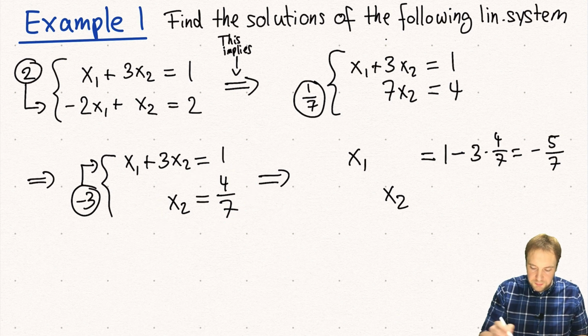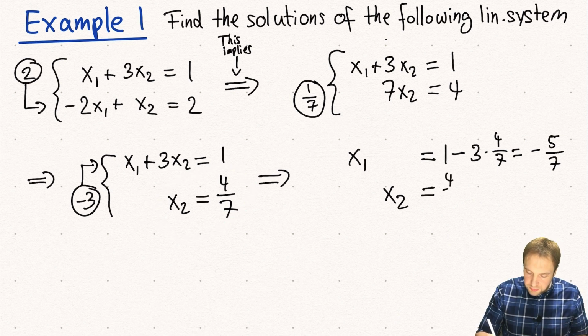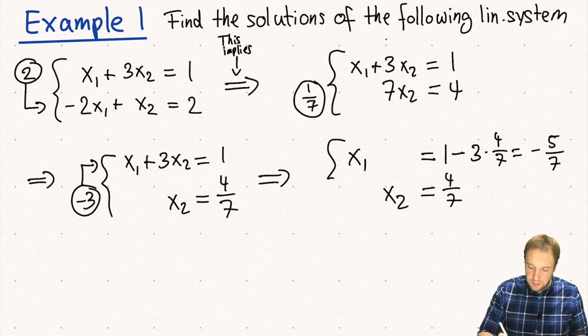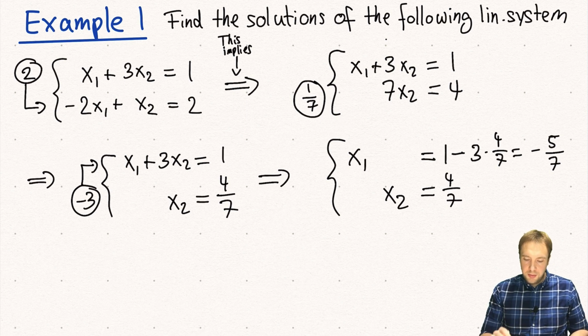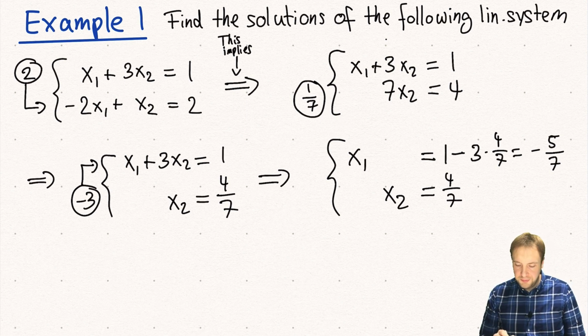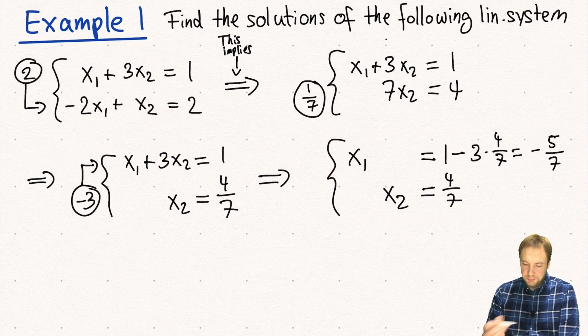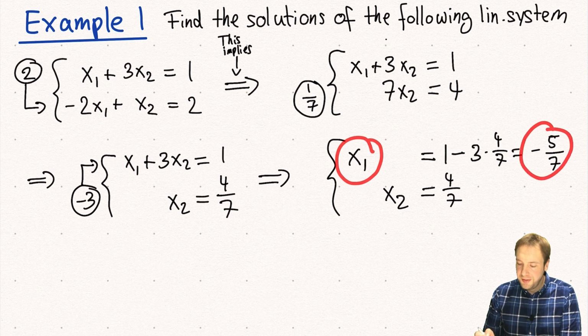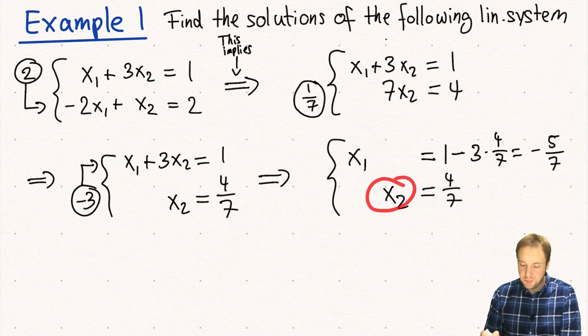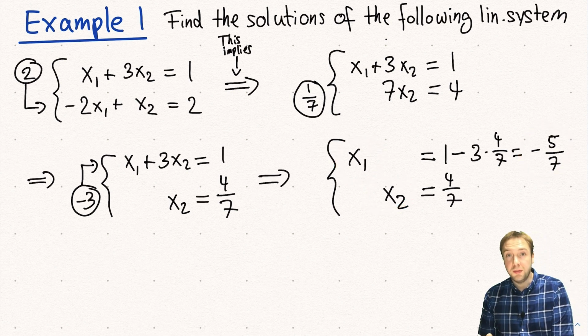And here I still have this x2 equals 4 over 7. So this gives this linear system at the end, but here we just see that, well, this is an easy to solve linear system. We see that x1 equals minus 5 over 7 and x2 equals 4 over 7.